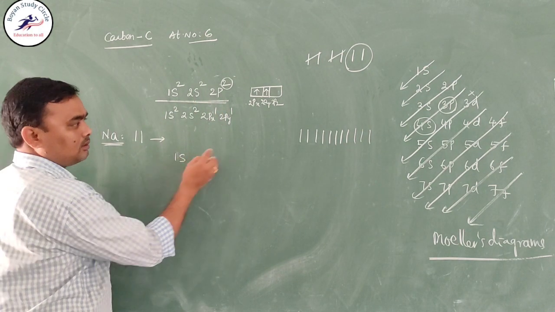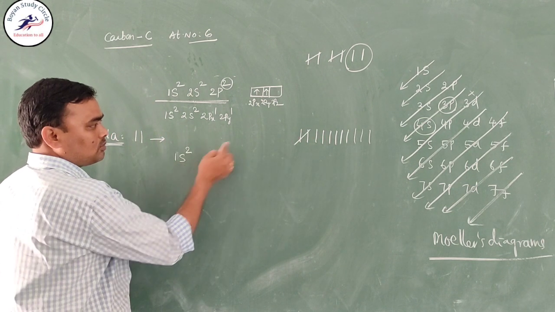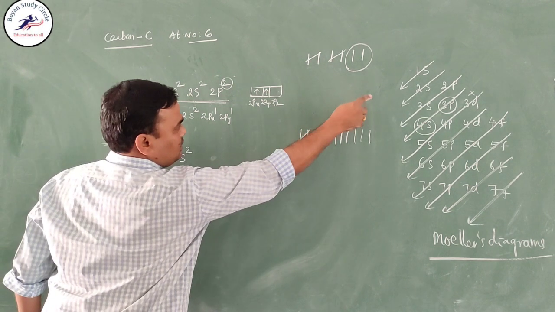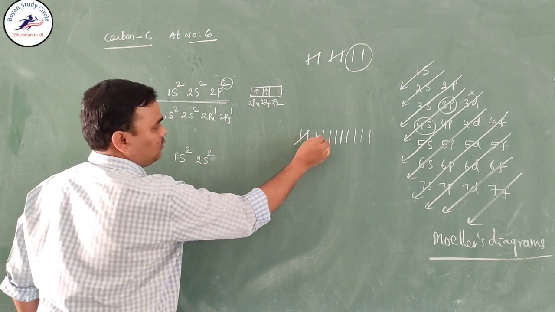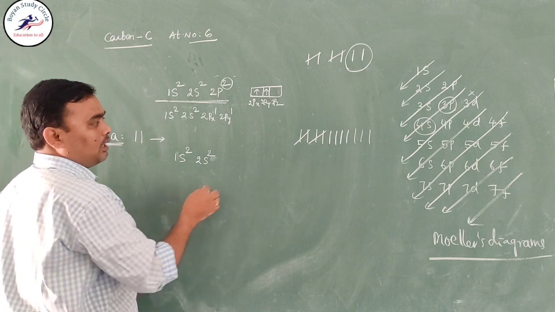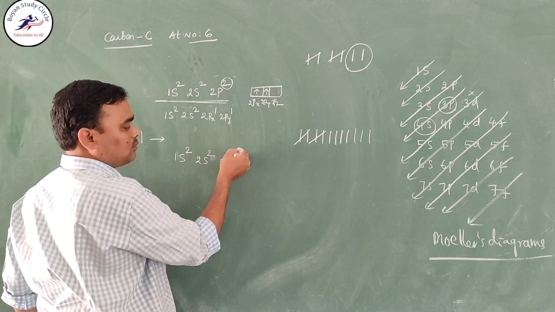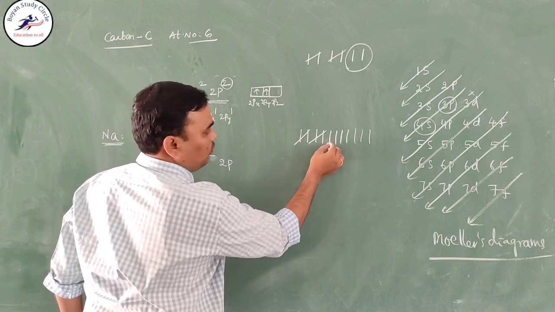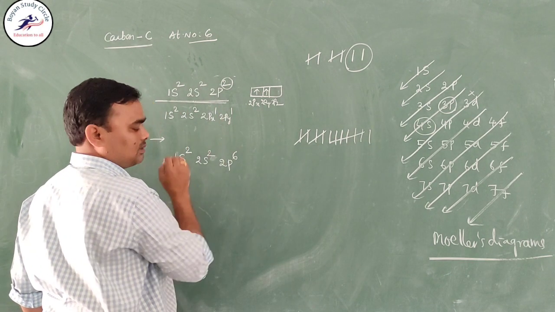That is 1s. In s, 2 can be filled, so 1s2, strike off 2. The second orbital is 2s. In 2s also you can fill a maximum of 2, 2s2, and then 2p. In 2p a maximum of 6 can be filled, 2p6.